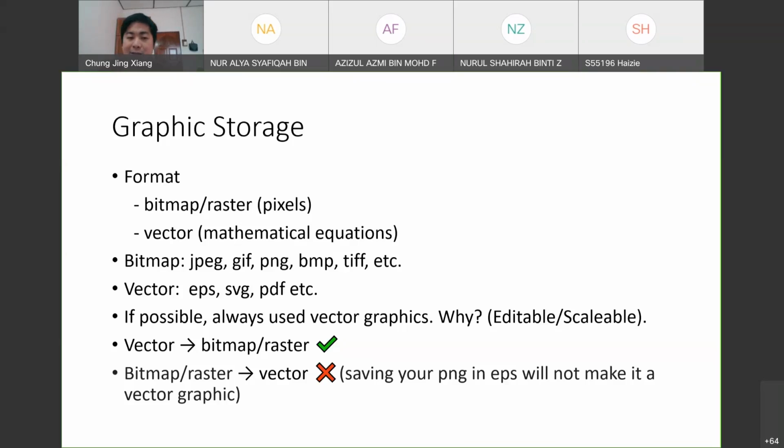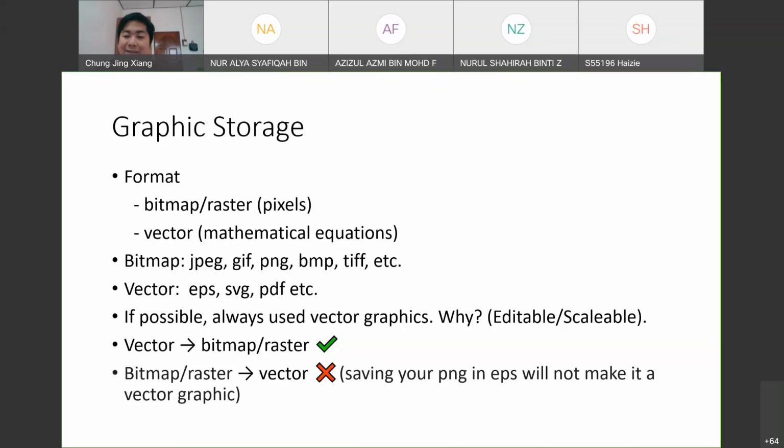Okay, and you have to remember, if you want to convert vector to bitmap, yes, you can. You can save a vector graphic to bitmap, meaning save it as JPG. But if you already converted your figure to bitmap or raster and you want to save it back to vector, it is not possible.